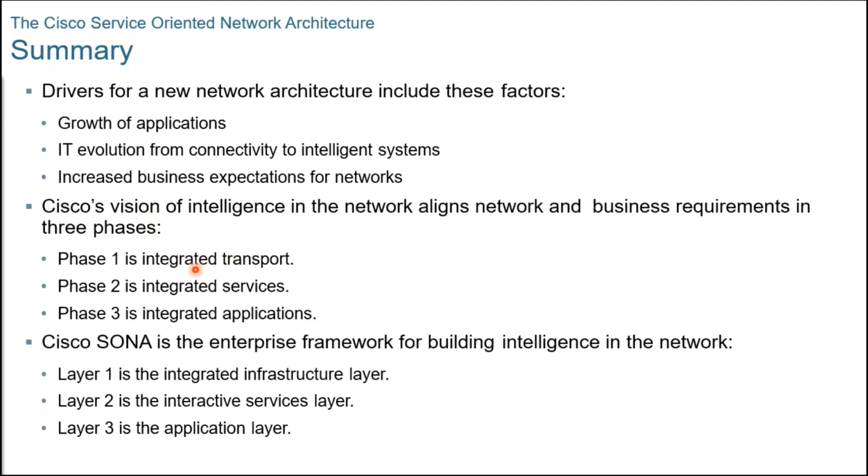So you've got integrated transport, integrated services, and integrated applications. The Cisco SONA is the enterprise framework for building intelligence in the network. So we covered layer 1, 2, and 3. So layer 1 is the integrated infrastructure layer. Layer 2 is the interactive services layer. And layer 3 is the application layer.